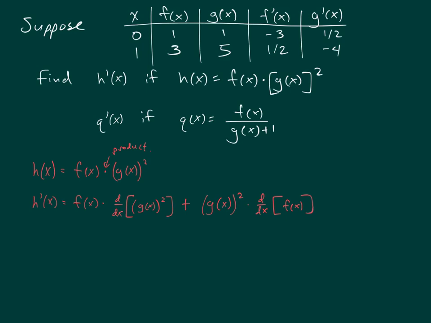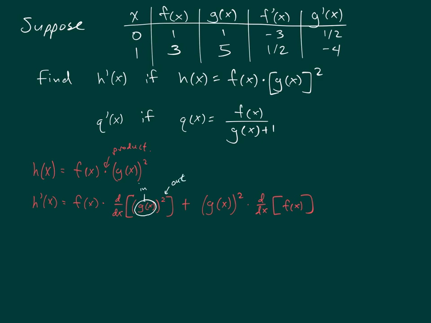Again, analyzing this, we would have a chain rule happening here where g of x is the inside function, and the squared is the outside function.